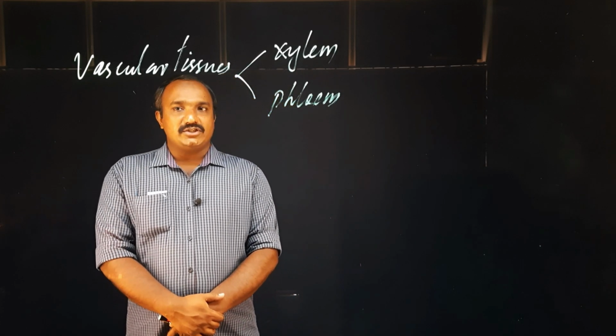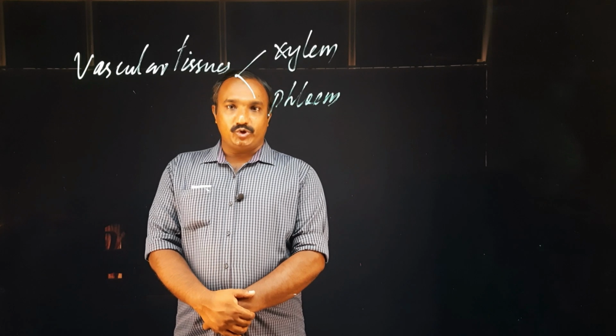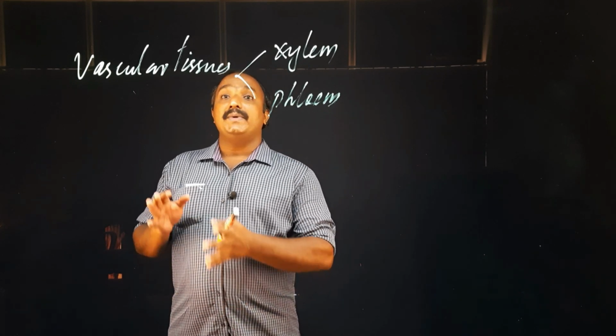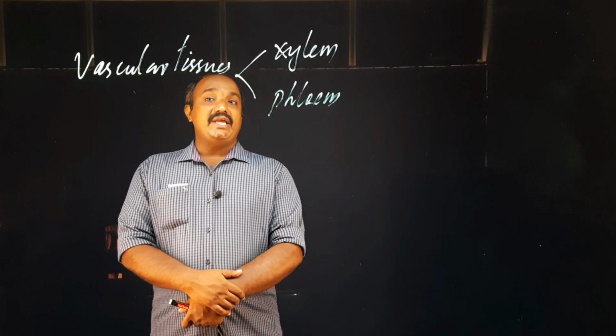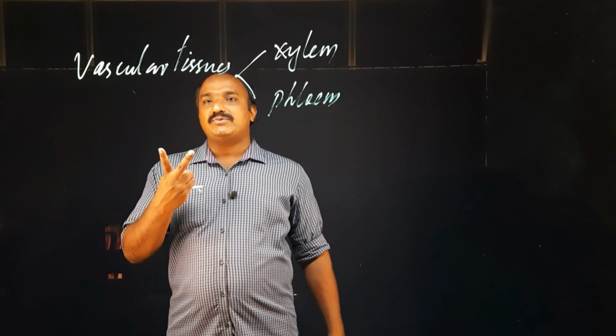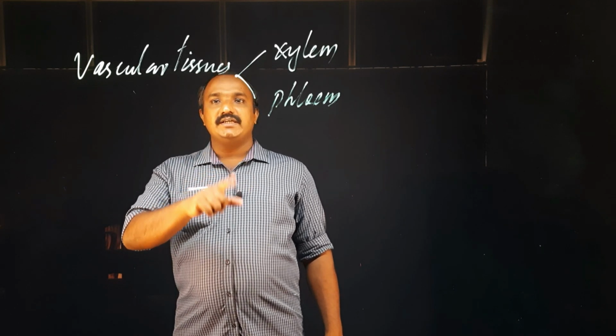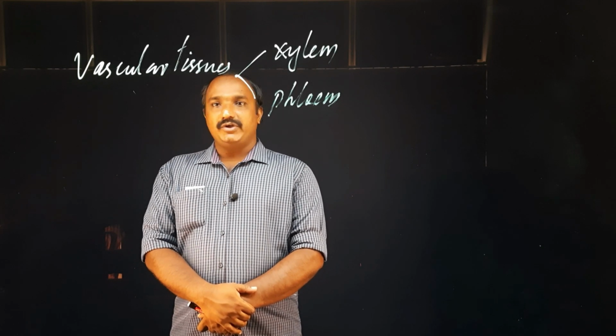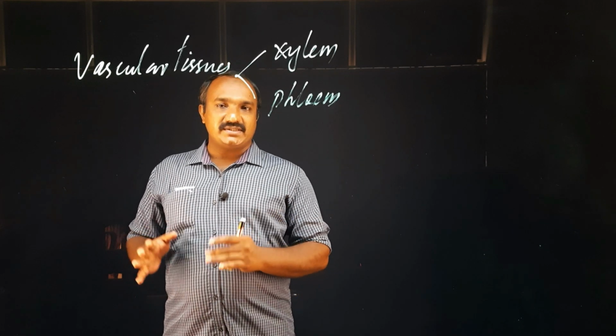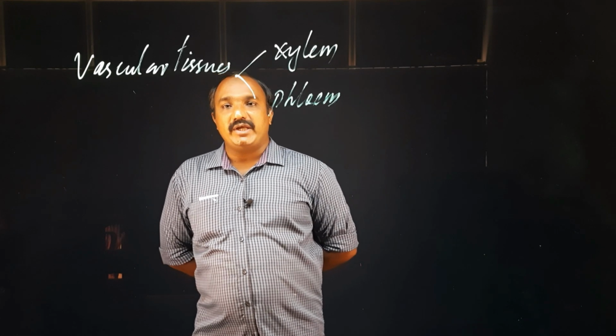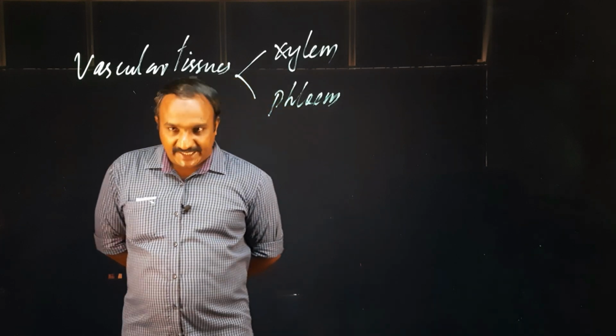Then in the case of xylem tissue, it performs these functions mainly with the help of two types of cells present in the xylem tissue. We know tissues contain many cells. Xylem tissue contains mainly two types of dead cells.